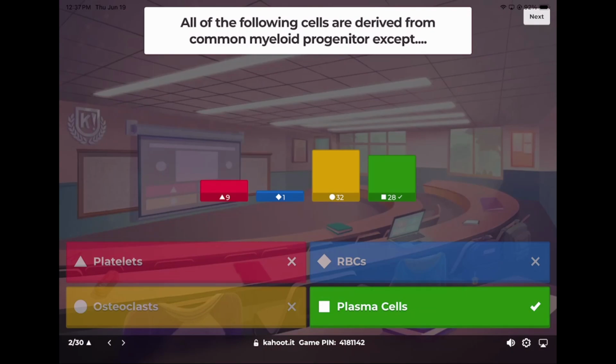Okay, so remember I said, if I put a word in there that we've never discussed before, it's probably not the answer. We've never talked about osteoclast before. They're only dealing with making bone. Okay, so it can't be that one.